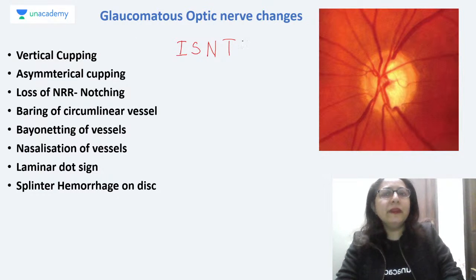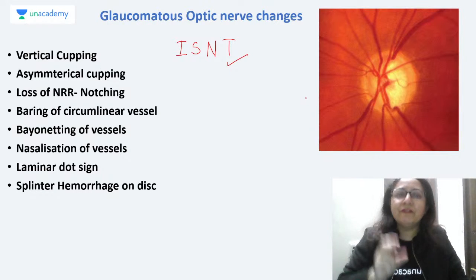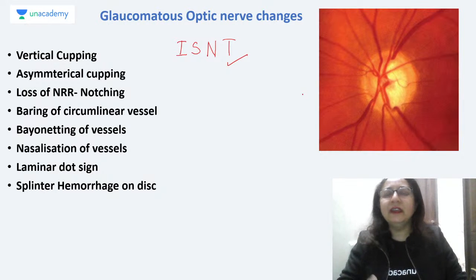Now in glaucomatous optic nerve damage, this ISNT rule is no longer followed. There is thinning of the neuroretinal rim, which is because of nerve fiber layer loss. And what is the nerve fiber layer? It is the axons of the ganglion cells.